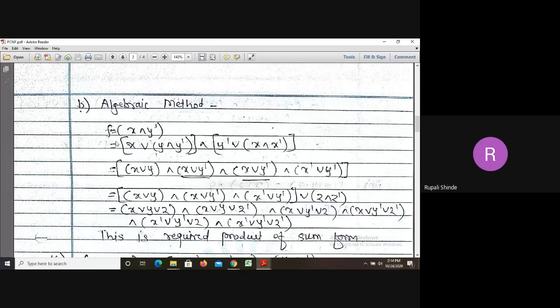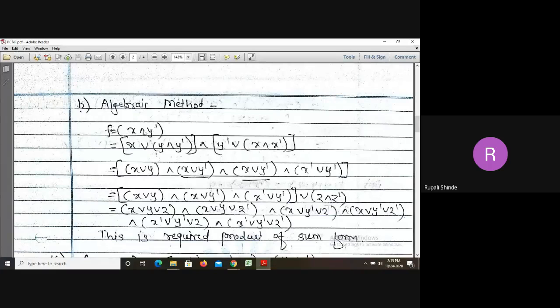Yes, I will repeat. Check here. Given function is x and y's complement. Okay. And we want this one into product of sum form. Product म्हणजे काय? AND operation आहे. And sum म्हणजे काय? XOR operation.